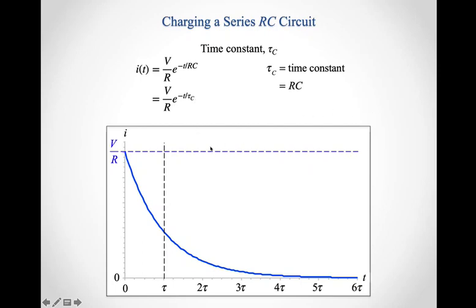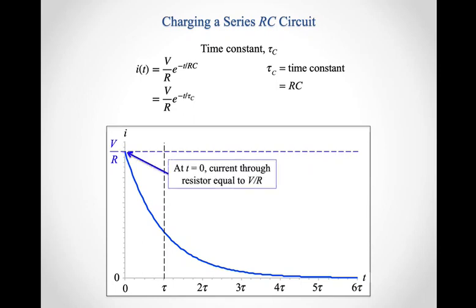So there are three sort of points in time that we're going to think about when we think about these parameters that are changing. And so we'll start by thinking about the current because we know it's going to decay. Initially, at t equals 0, the current through the resistor is equal to V over R. It's at its maximum value.